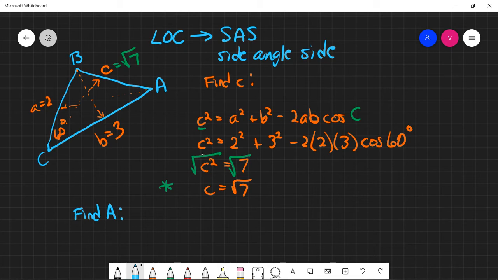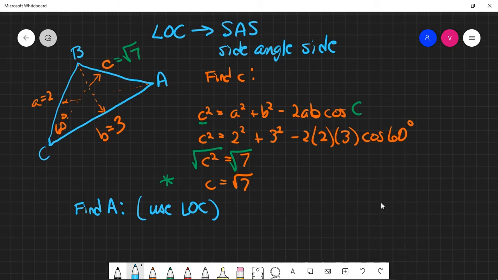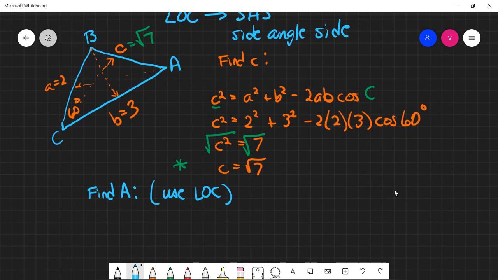Find A. So the way we're going to do that, we're going to use the law of cosines in this case right here, okay? Just to avoid the ambiguous case, we're just going to use the law of cosines. It's a little bit trickier right now, okay? So to find angle A, you want to use the formula that has angle A in it.